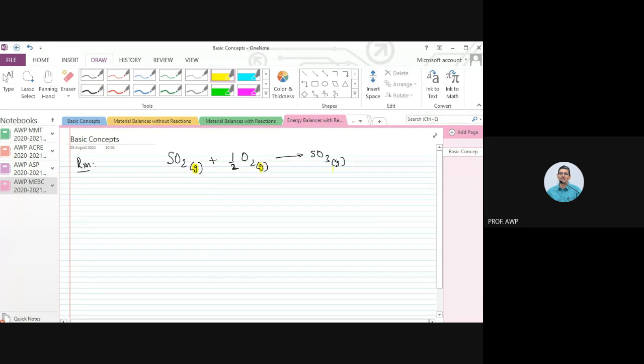in which we are writing the components, the reactants and the products. Of course, the stoichiometry for material balance, right? Third important concept is what are the heat effects associated with the reaction.